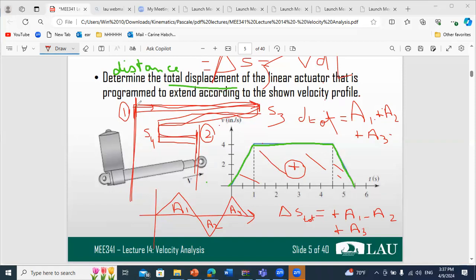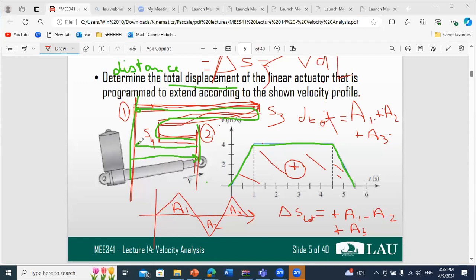For example, if I follow this path of motion, I move first to the right, then I go to the left, then I move to the right. If I just care for the displacement, total displacement, it's S2 minus S1. And because overall I'm moving in the positive direction, I get delta S positive. But if I do it in the opposite way, I go from 2 to 1, I get delta S negative.